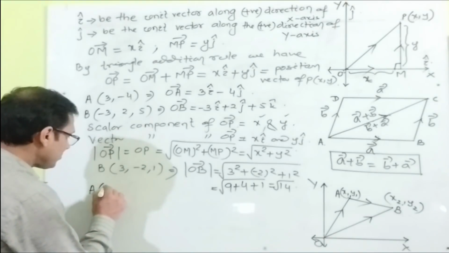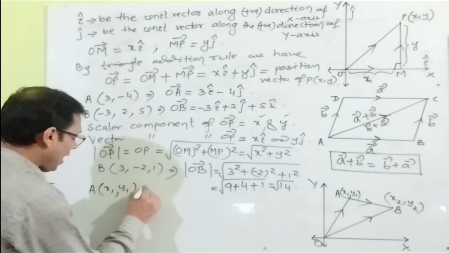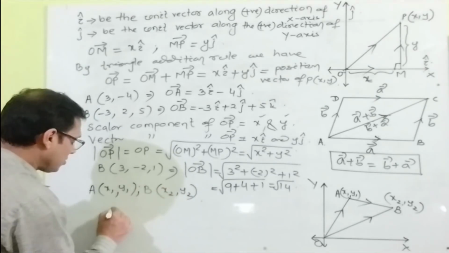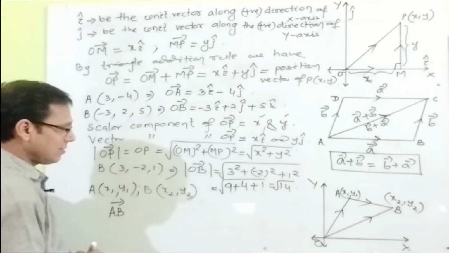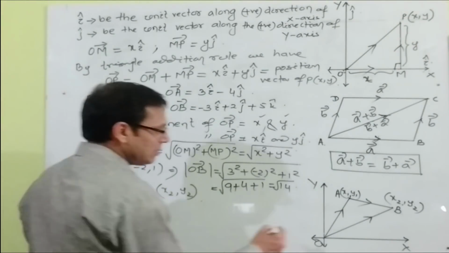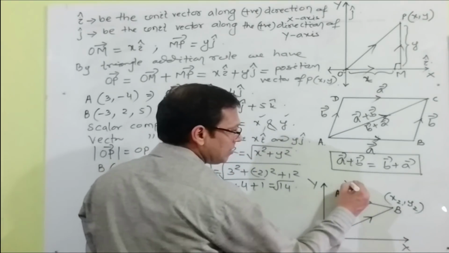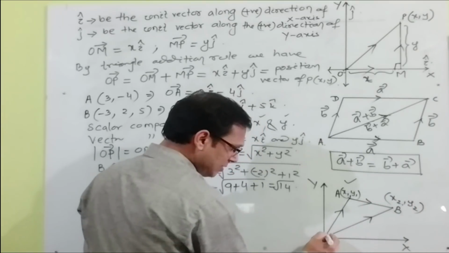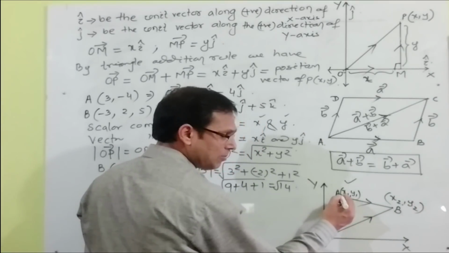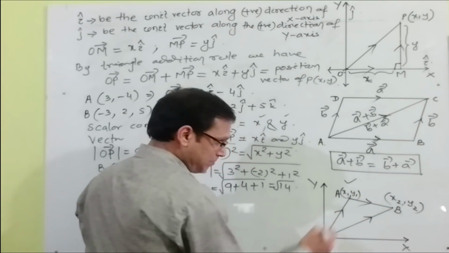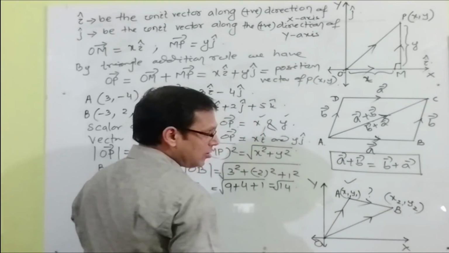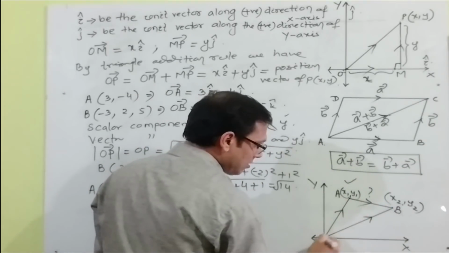Okay, so you can find the magnitude in this way. Now suppose the coordinate of A is given as x1, y1 and the coordinate of point B is given as x2, y2. Suppose you have to ask what is the AB vector. From this figure, OA is the position vector of A and OB is the position vector of B. From the vector addition rule or triangle rule, OA vector plus AB vector is equal to OB vector.